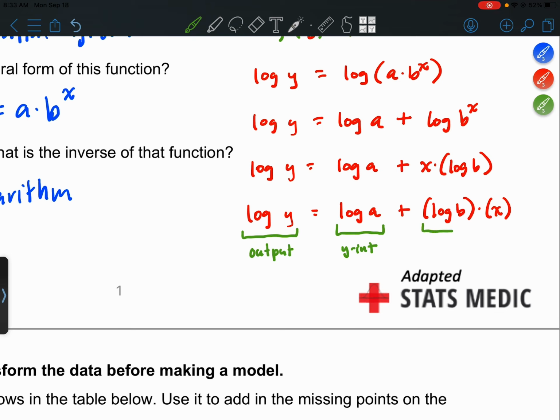And then log b is also a constant, but it's being multiplied by x, which makes it the slope. And then x, of course, is the input. So even though it's a little bit more complex looking, it has the structure of a linear function, right? An output equals a constant or y-intercept plus a coefficient, aka the slope, times an input value. So we essentially have a linear function now.